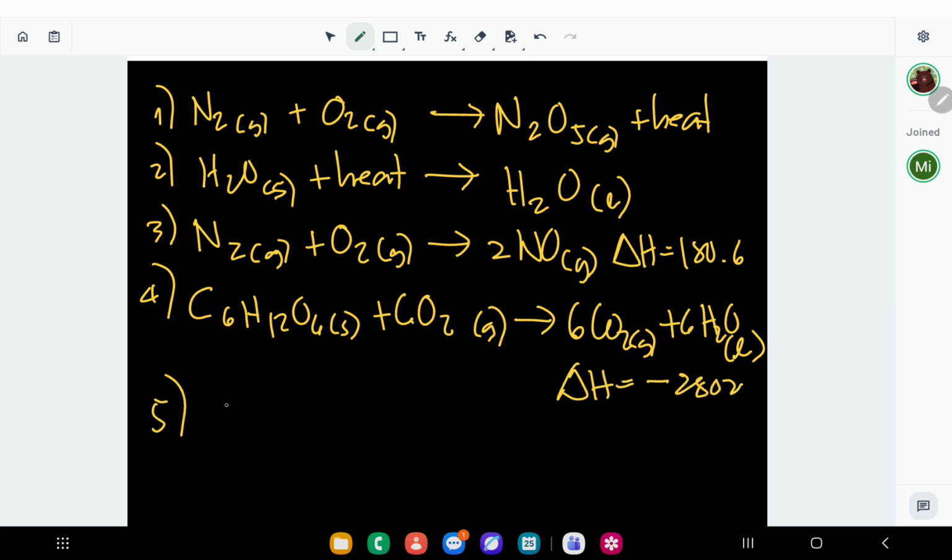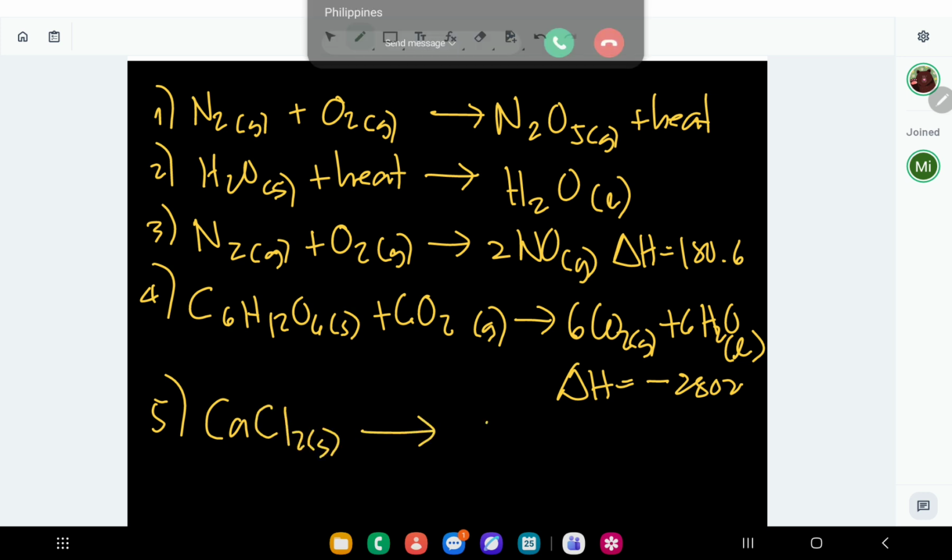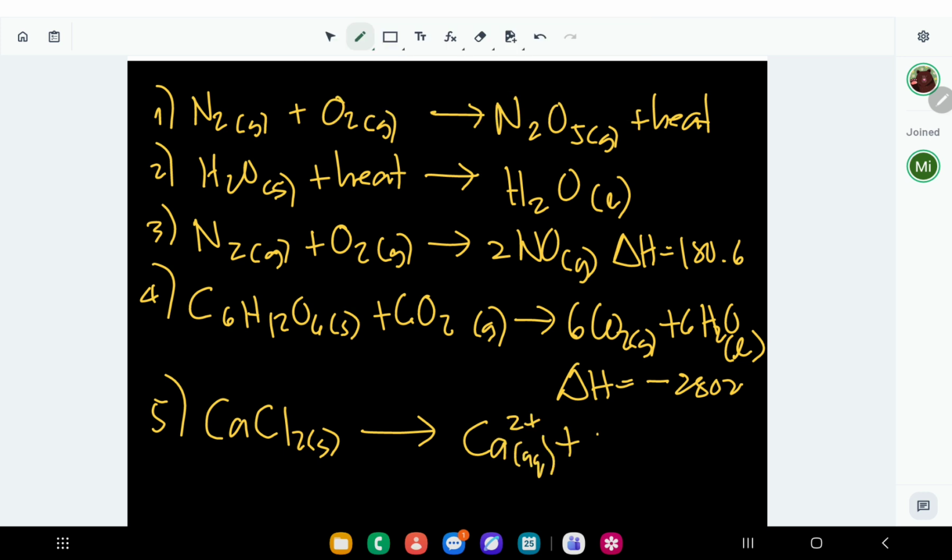And for the last one, calcium chloride solid dissolves into calcium ions aqueous plus 2Cl minus, plus heat.